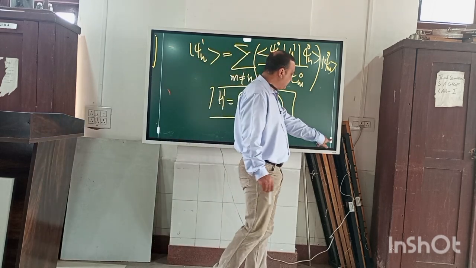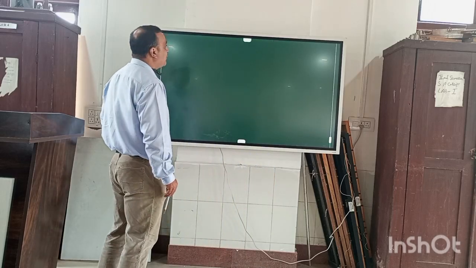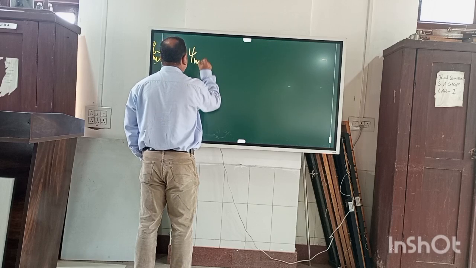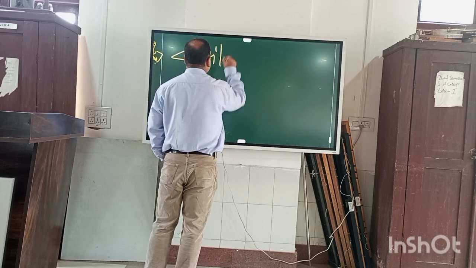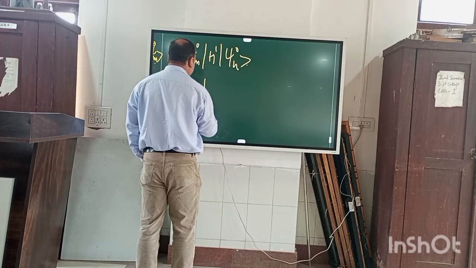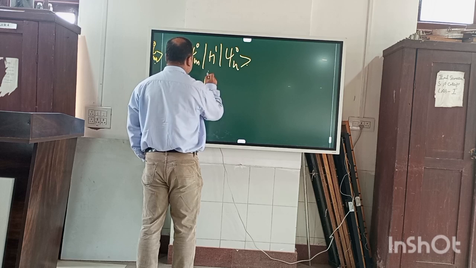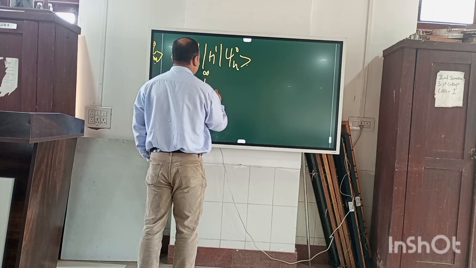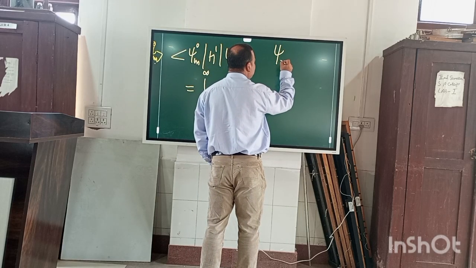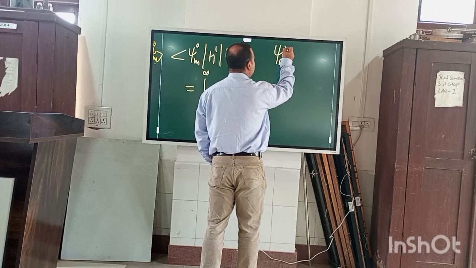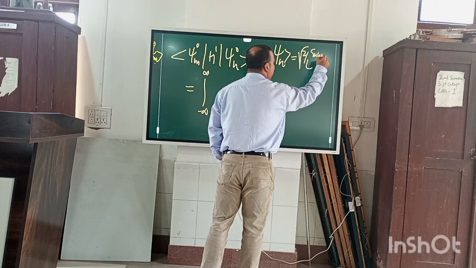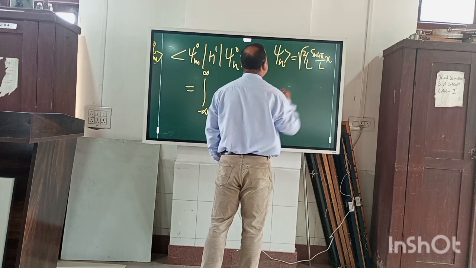So we would like to calculate this expectation, psi m naught H prime psi n naught. This will be equal to the integral from minus infinity to infinity, and we already know that the eigenfunction for the unperturbed particle in a one-dimensional box is square root of 2 by L sine of n pi by L times x.